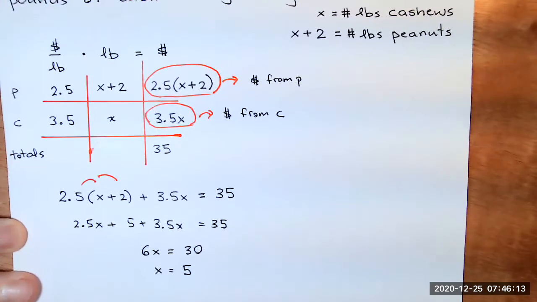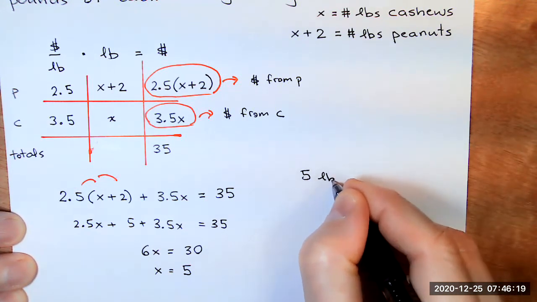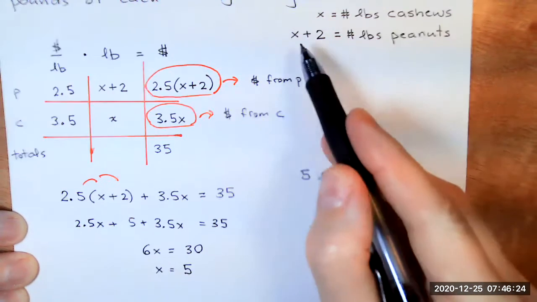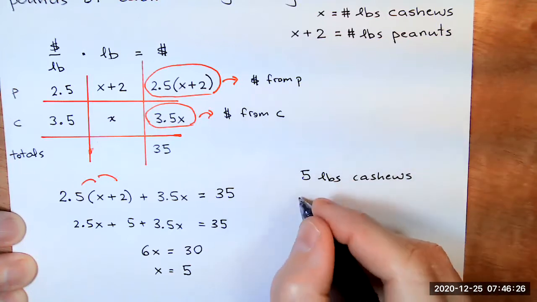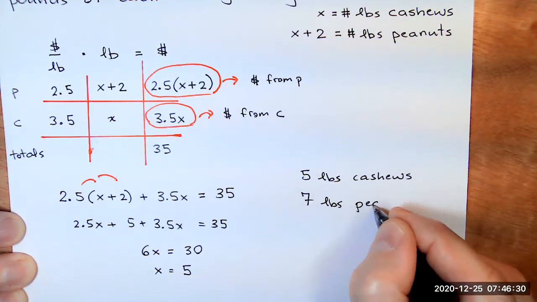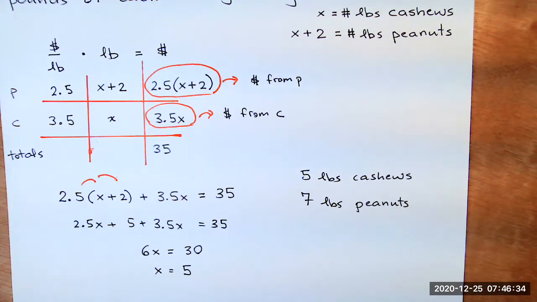Say, what did I name my variables? Well, 5 is the number of pounds of cashews. And then we use this expression to find the number of peanuts. All right, let's do another.